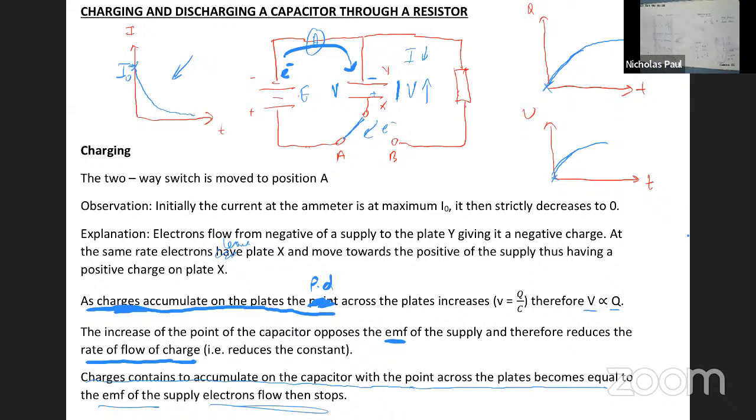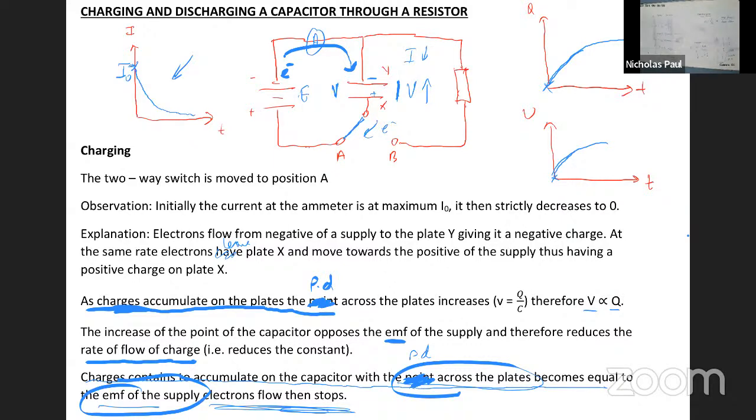So no more electrons will flow when the PD across the plates is equal to the EMF of the supply. I will edit this and send this back to you, right? And also she will type it up. So the potential difference across the plates equals the EMF and current stops flowing.